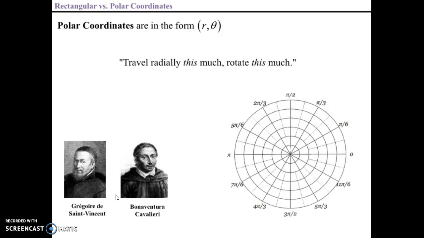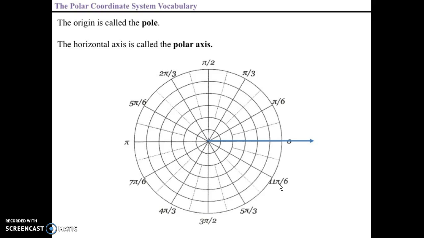Okay. Now, we've seen, hopefully now, this new system and how it works with radiating a distance and then rotating a certain amount, but there's actually some new vocab too. So, whenever you're in the polar coordinate system, you don't typically say the x or y axis, though you can.